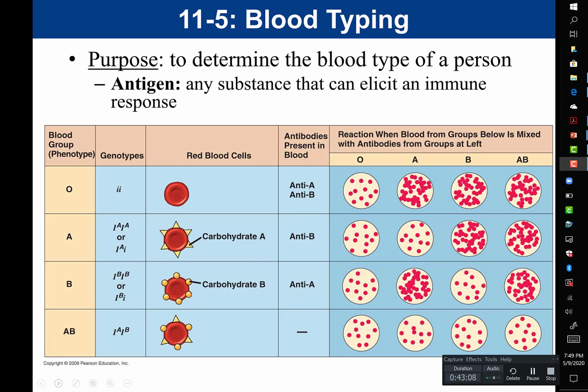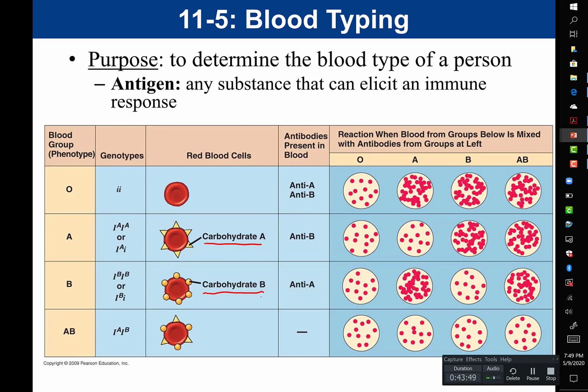So we need to understand a little bit about how blood types work. If somebody has blood type A, they have an A-type carbohydrate on the surface of their red blood cell. If they have blood type B, that means that they produce a B carbohydrate.